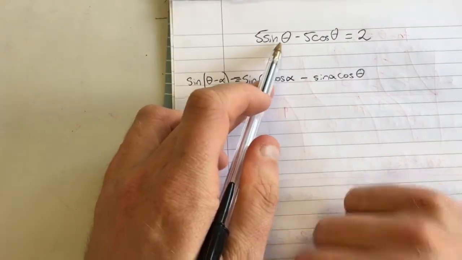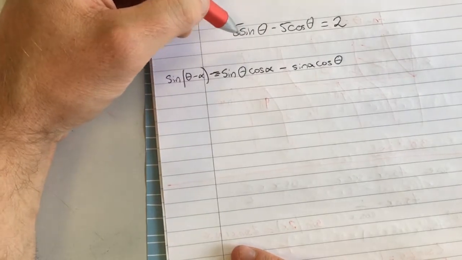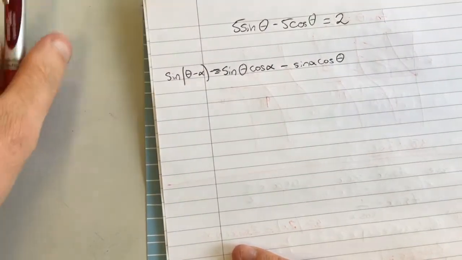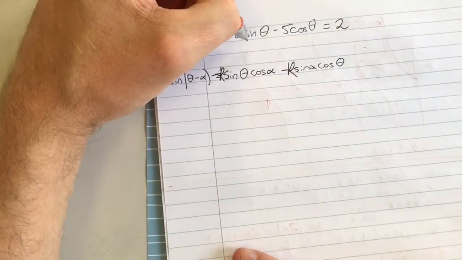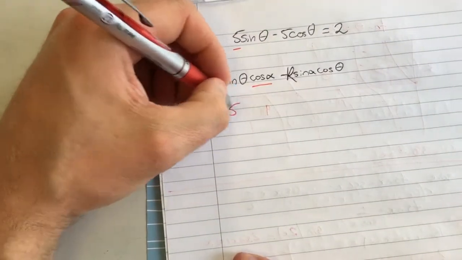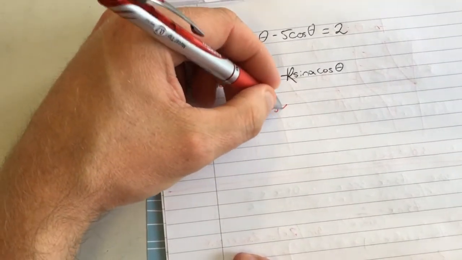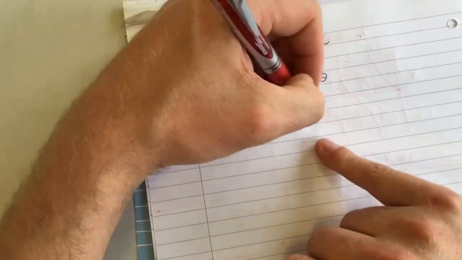We're going to apply that to this, so we're going to compare coefficients. Actually, we need an r here as well, don't we? So r there, r there, r there. So for sine theta here, we've got 5 equals r cos alpha. And we can say 5 equals r sine alpha.